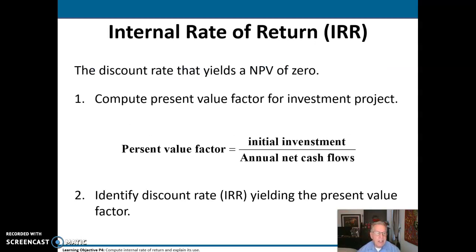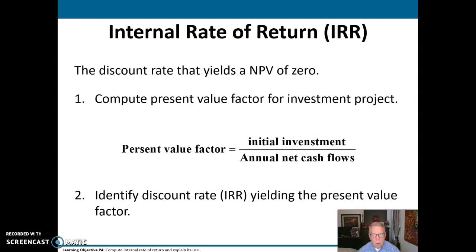Okay, the definition of internal rate of return, very important. It's that discount rate that yields a net present value of 0. You will see that very graphically illustrated when I go through my last video and use Excel to calculate net present value and internal rate of return.